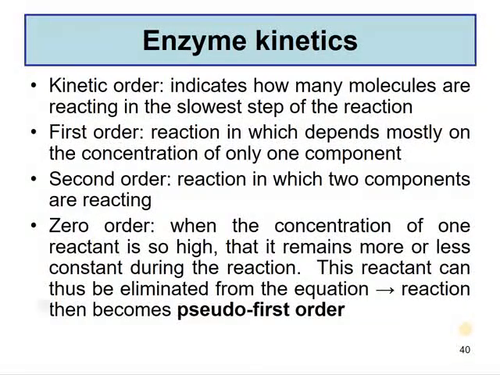The second order is a reaction in which two components are reacting together at the same time. And the zero order is when the concentration of one reactant is so high, like the substrate concentration being very high, that it remains more or less constant during the reaction. So this reactant can thus be eliminated from the equation, and the reaction then becomes what we call pseudo first order.